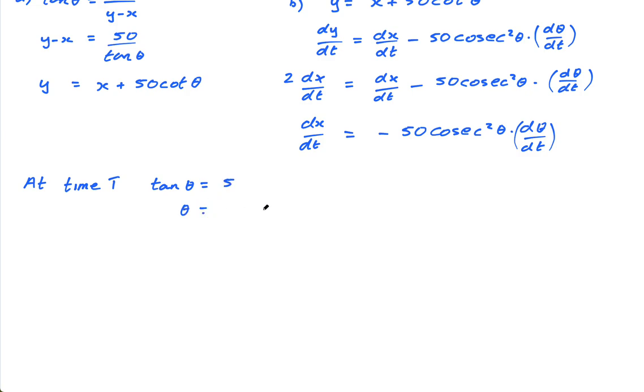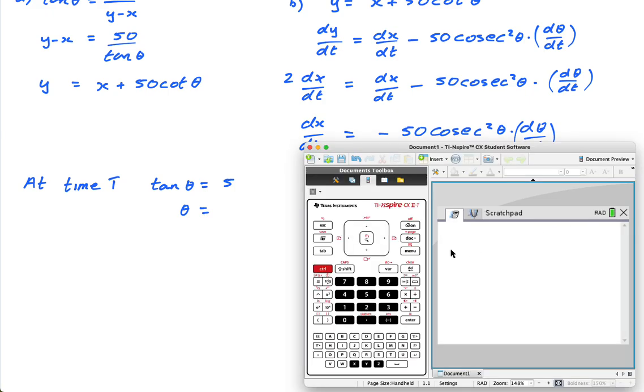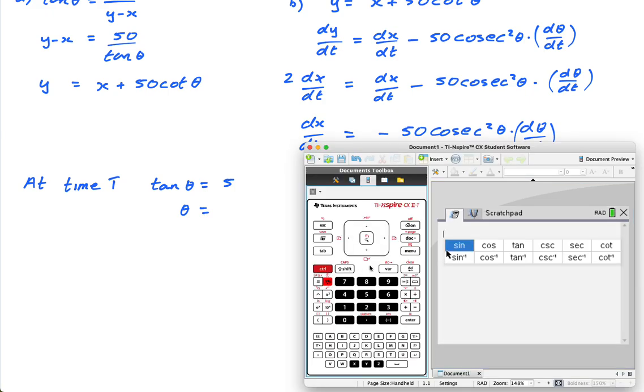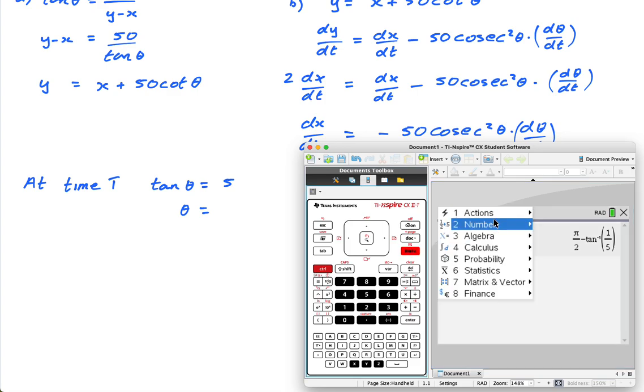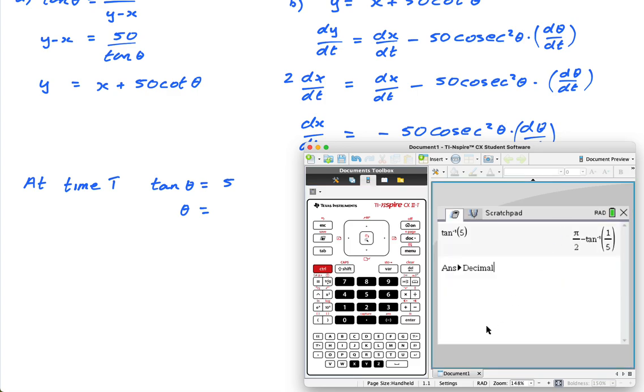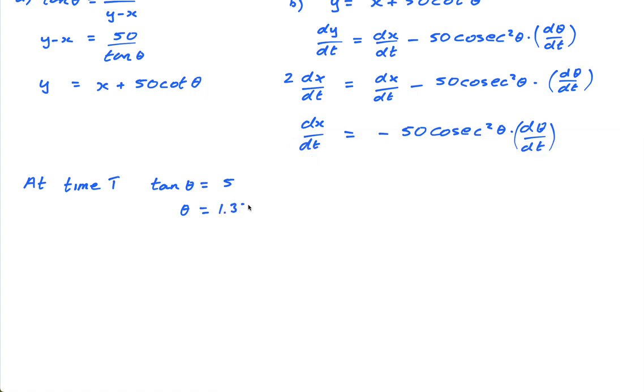Therefore, theta is equal to, I'm going to get out my calculator, arctan of 5, which is this, but I think I'll take the decimal version, please. Convert to decimal. 1.3734.